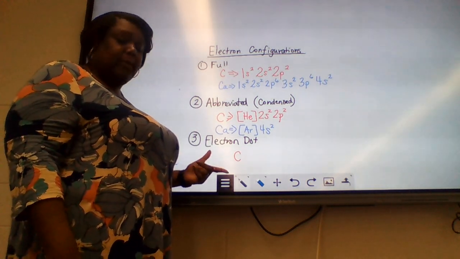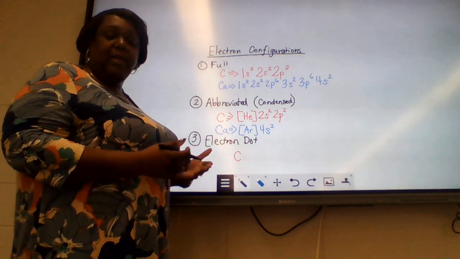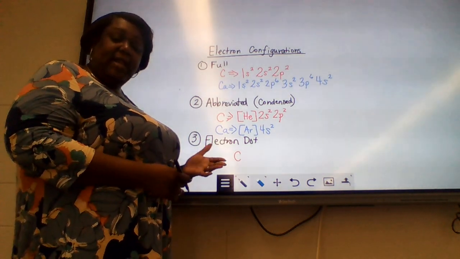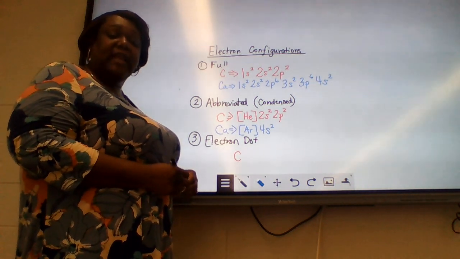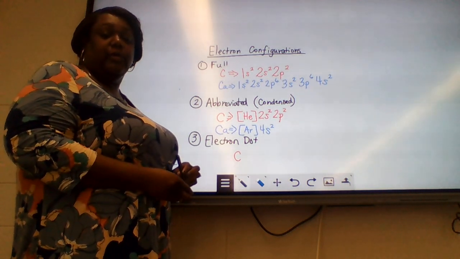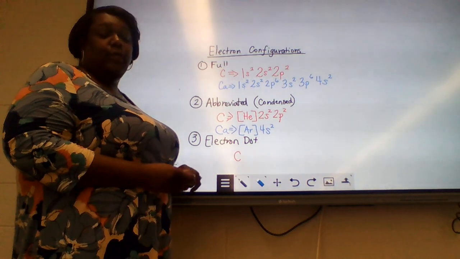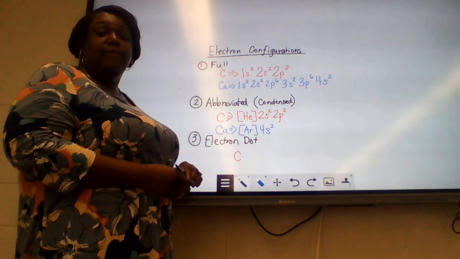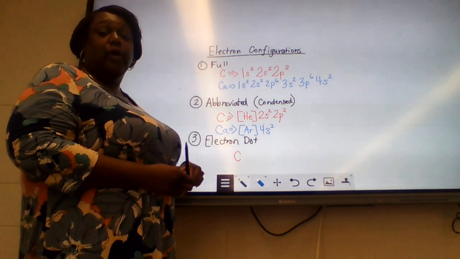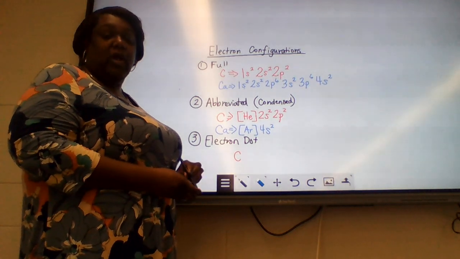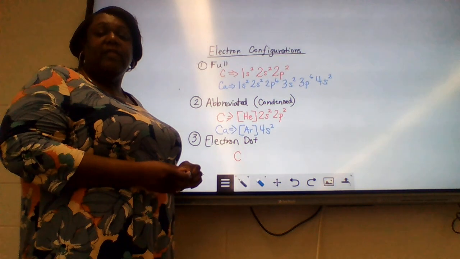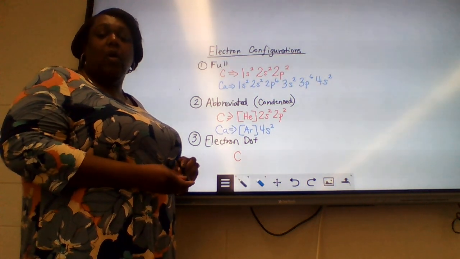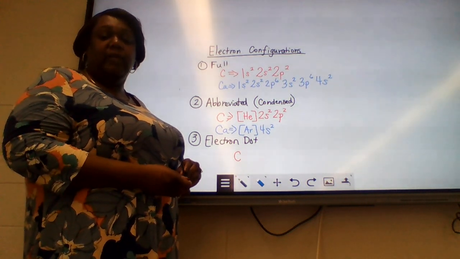Now, please remember, when you are given the A and B numbers, the number that comes in front of the A tells you how many valence electrons there are in that particular element. So if we're looking at carbon and it comes in 4A, that means there are 4 valence electrons in carbon. When I say valence, please remember that means how many electrons there are in the outermost energy level.